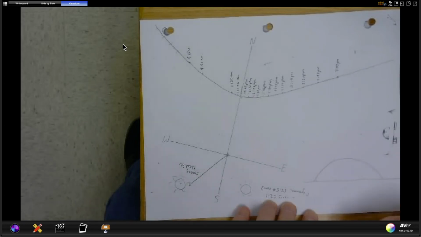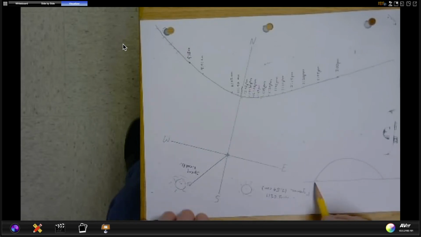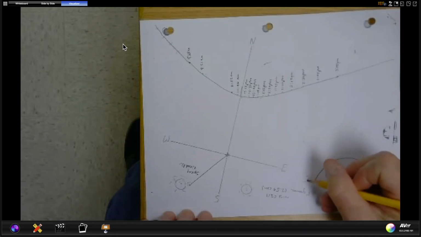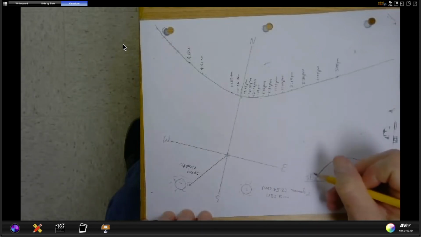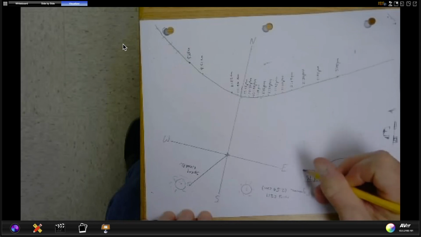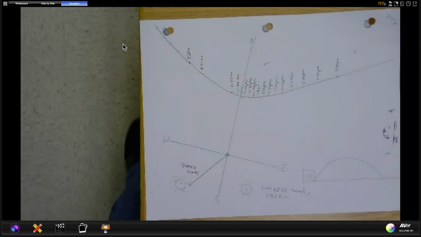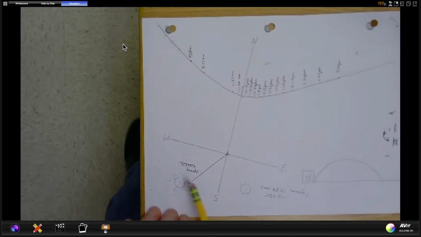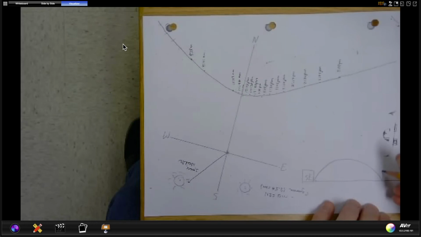We now know that at sunrise over here, the sun was in the southeast portion of the sky. That's our sun up direction of the sun. We also know that at sundown, it was in the southwest portion of the sky. So it set southwest.